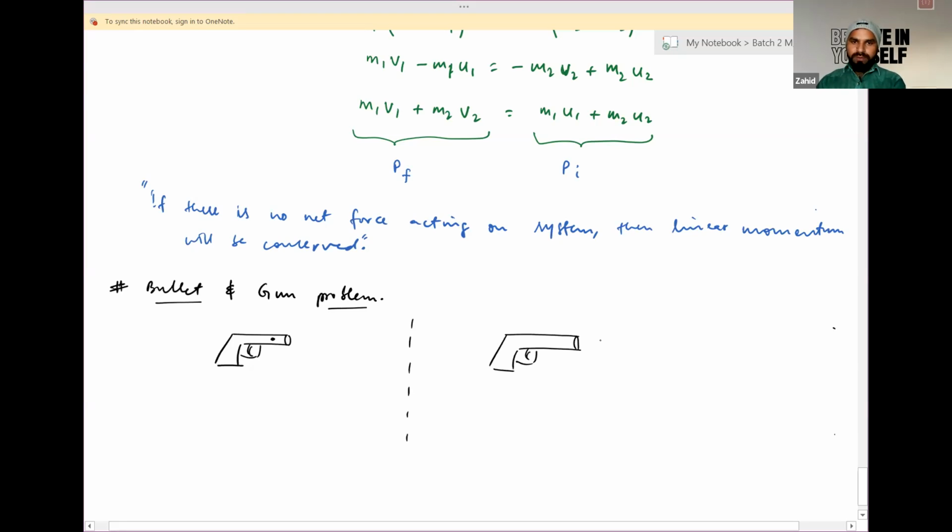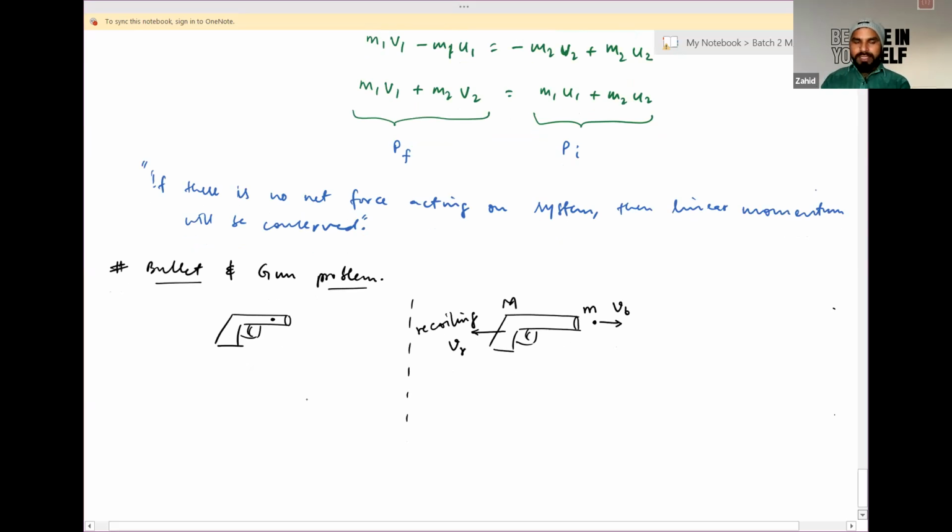After firing, the bullet will move along this direction with some velocity Vb. Mass of bullet is m. So there will be momentum in the forward direction. In reaction to that, the gun will have a velocity, which will be termed recoiling. Let's say Vr. Mass of gun is M.